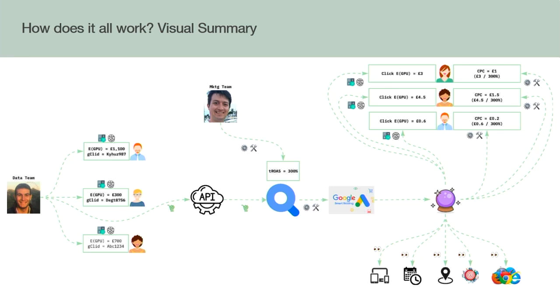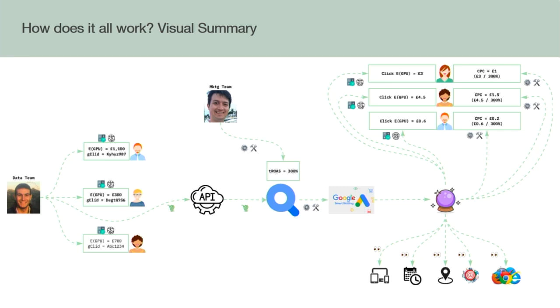Our marketing team decides what the desired return on investment is. So in this example, they're saying that for every pound we spend, we want a return on investment 3 times that. With the data we feed Google and the instructions the marketing team gives Google, Google will try to find customers with similar behaviors and similar characteristics to the ones we tell them are the most valuable.